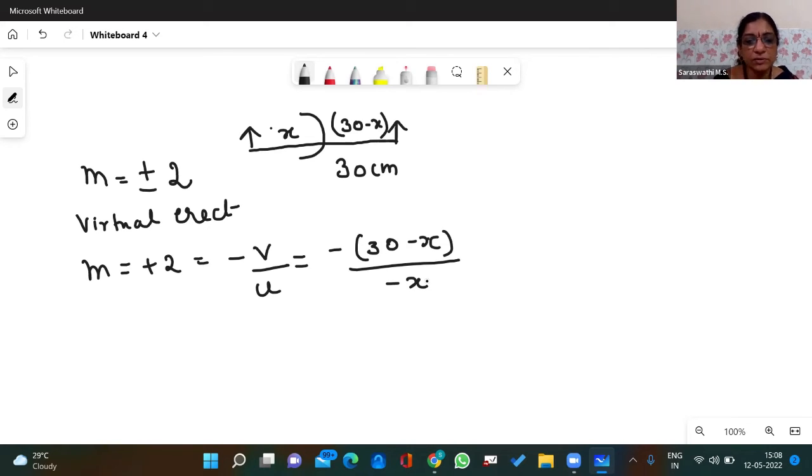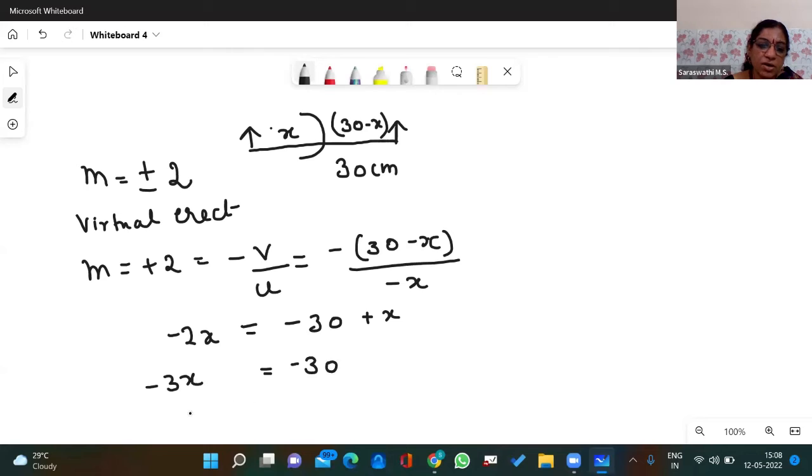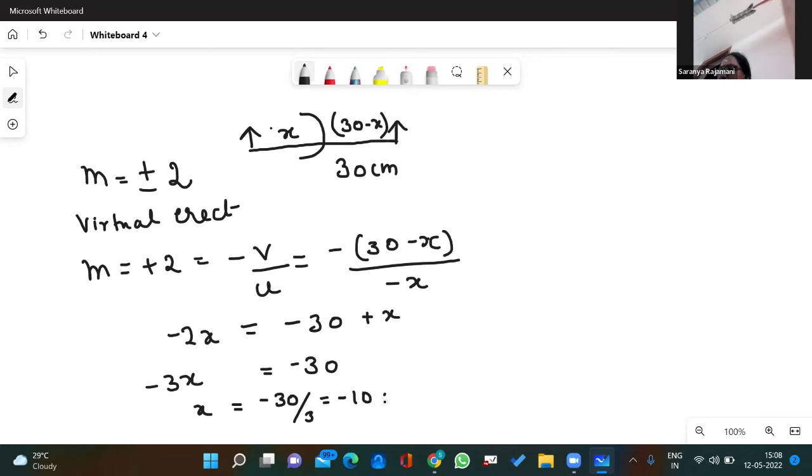Yes or no? So this will be minus 2x equals minus 30 plus x. So 3x will be equal to 30, or x will be equal to minus 30 by 3, minus 10 centimeter.